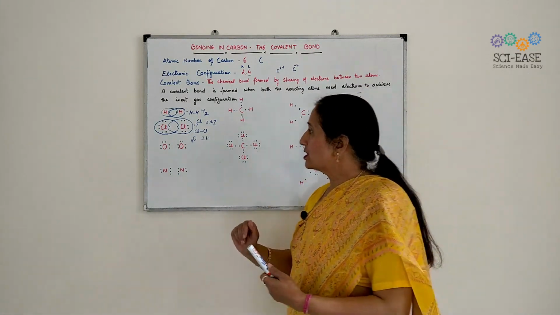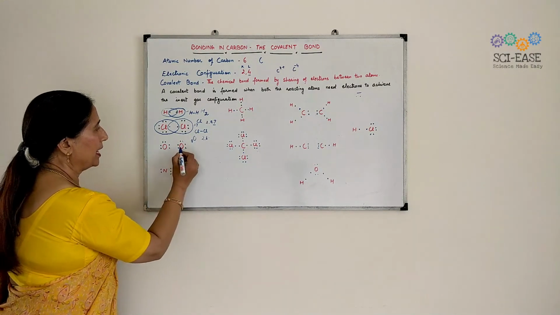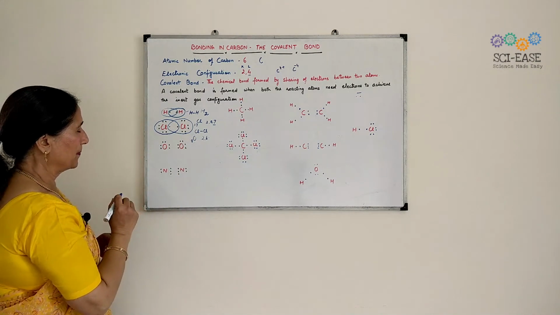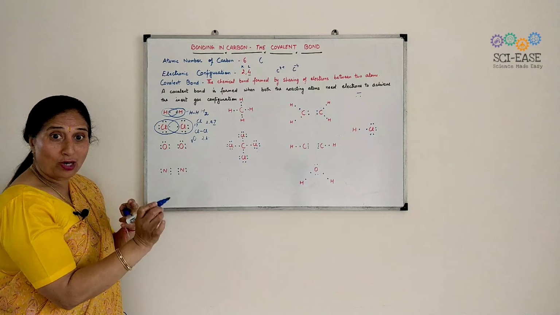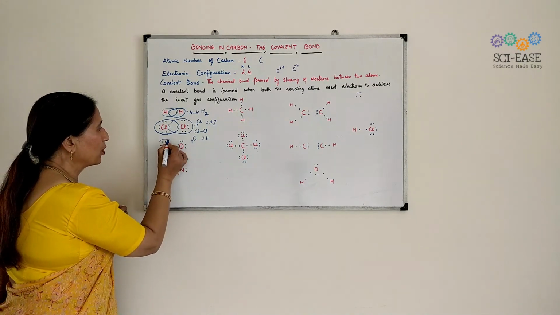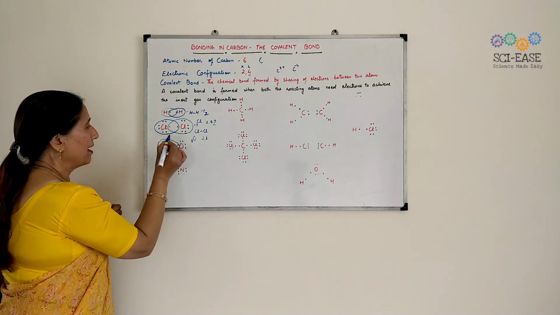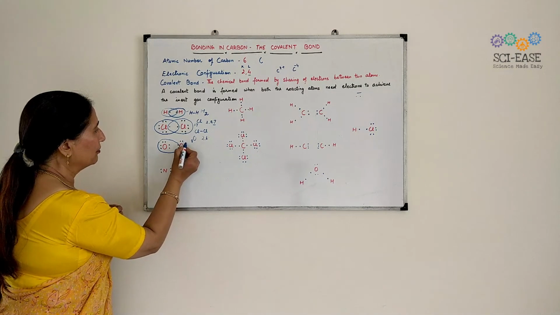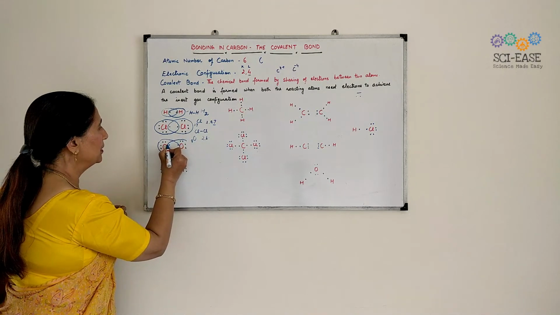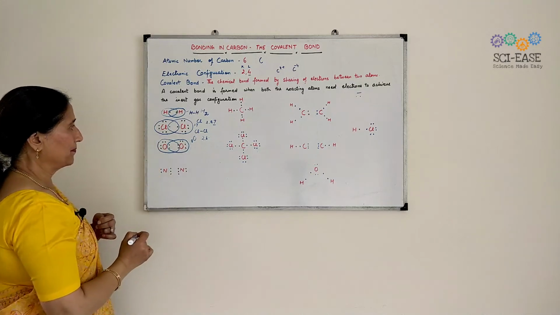So one oxygen has 6 electrons around it, and another oxygen also has 6 electrons around it. Now in order to complete the octet, this oxygen will share 2 electrons of this oxygen, and the second one will share 2 electrons of the other oxygen atom.